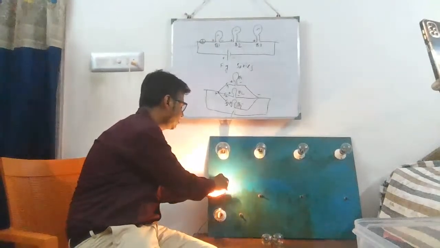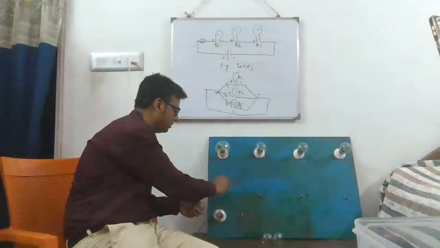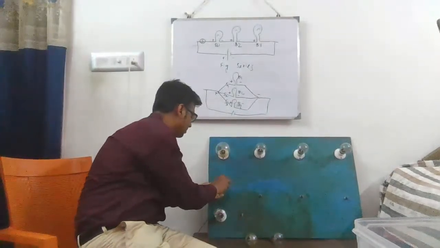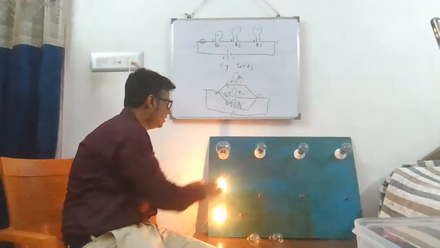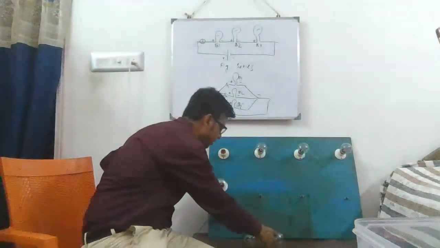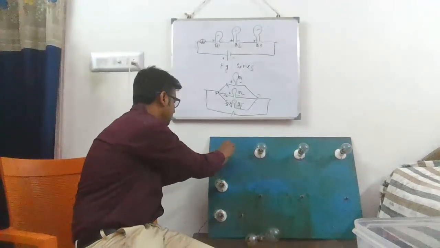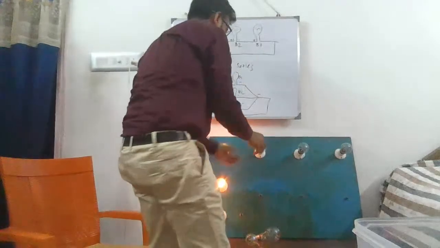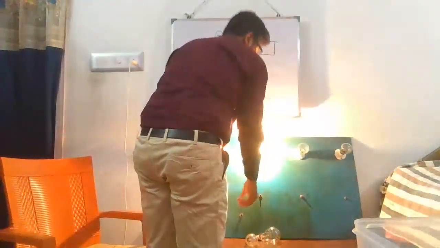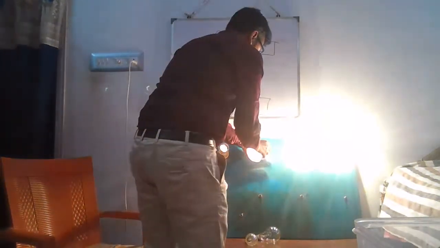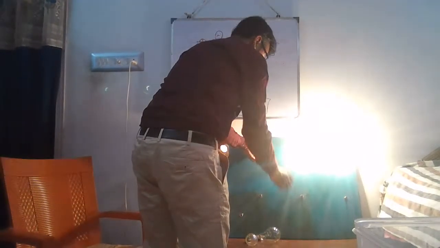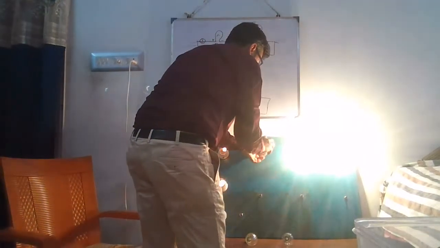Just I am showing a 25 watt bulb, and in place of the 25-watt bulb, I am using 100 watt, and this is 200 watt. Now this is parallel connection. In place of the 100-watt bulb, I am using a 200-watt bulb.